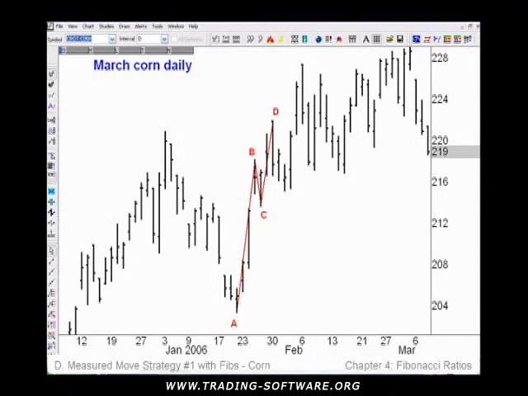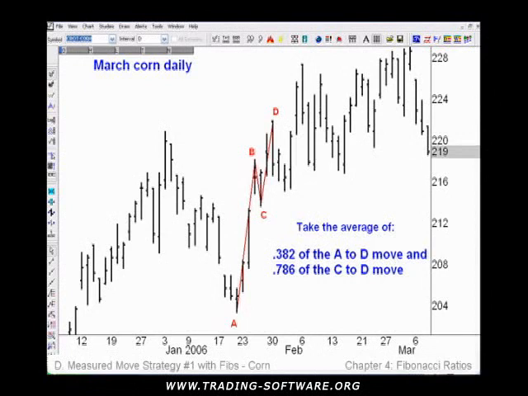Here's how we catch this buy point right here using Fibonacci retracements. We take the average of 0.382 or 38.2% off the A to D move and 0.786 or 78.6% off the C to D move. Now point D is a common pivot for both calculations.